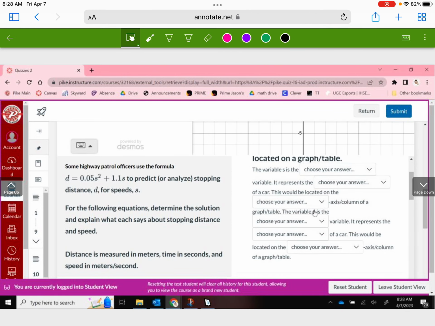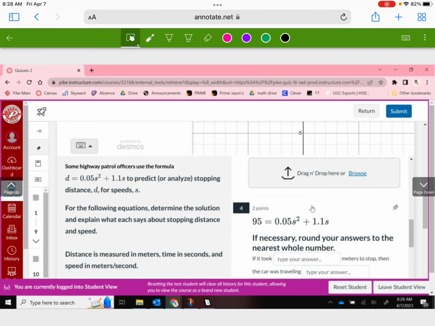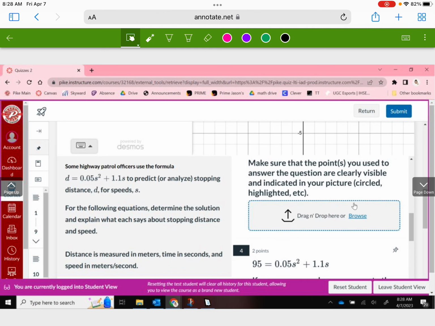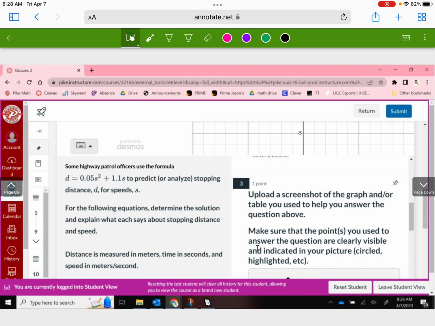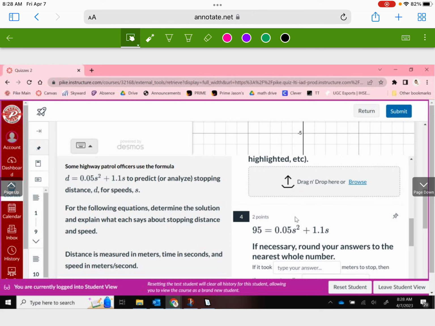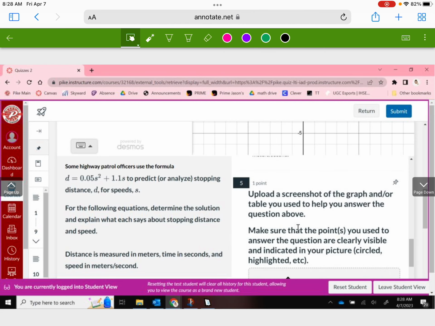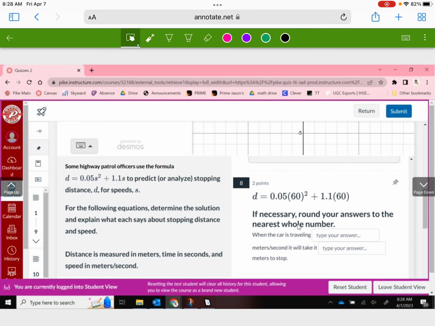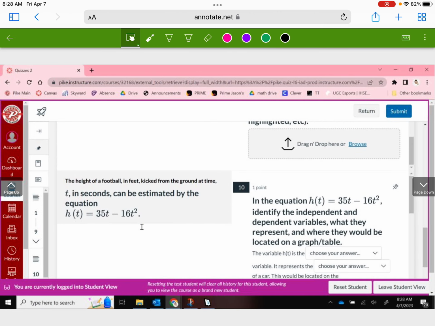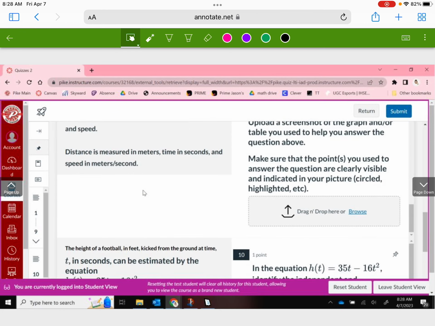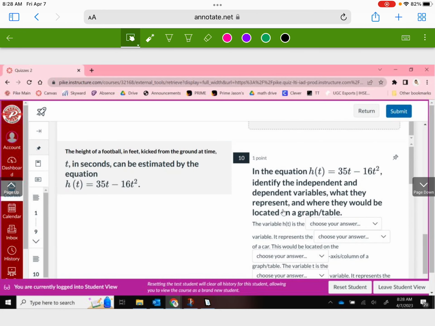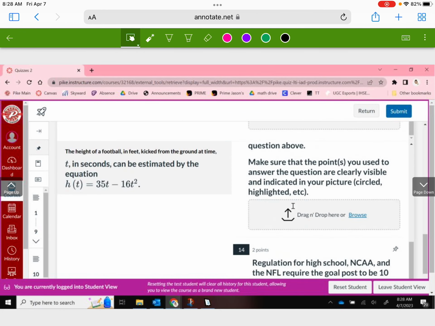So here are the questions that we just talked through. You can make a graph or show your work and put a picture in. Answer the question here. What did you get? Put it in words, putting it in context. Then there's another set down here using a very similar question.